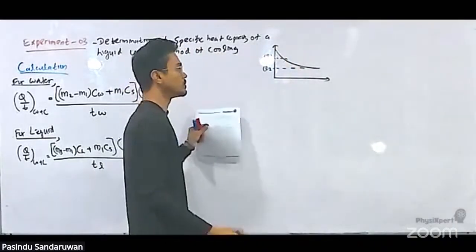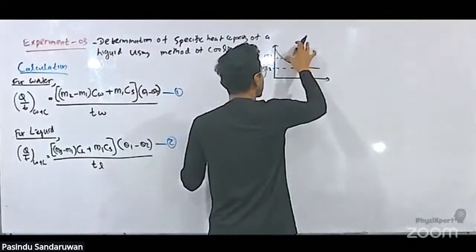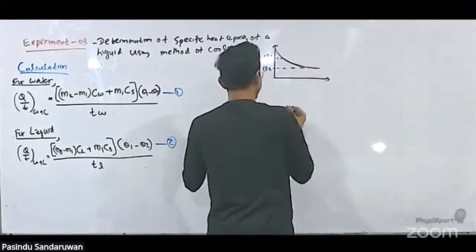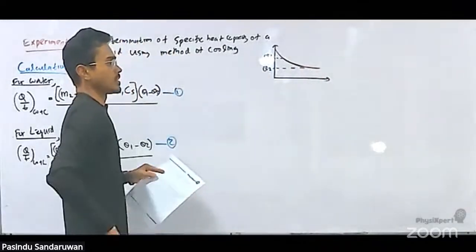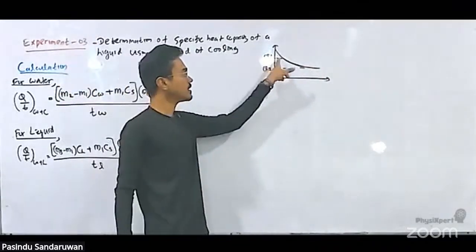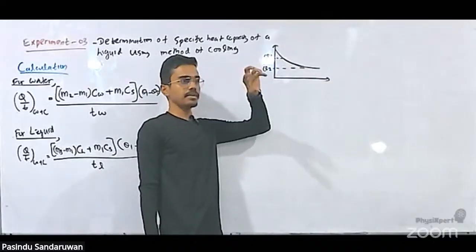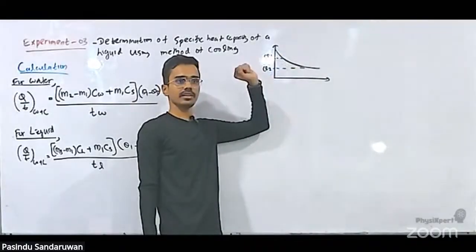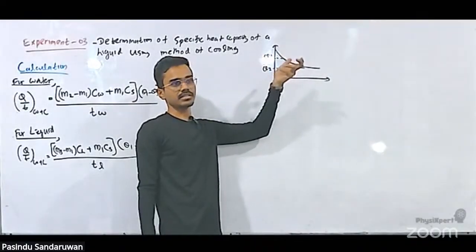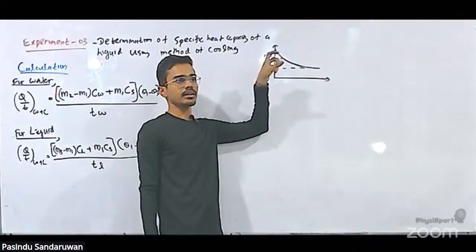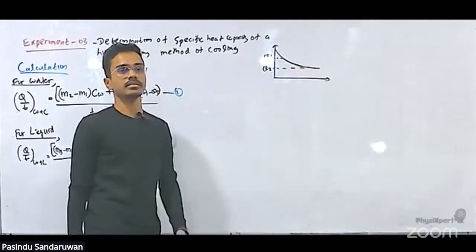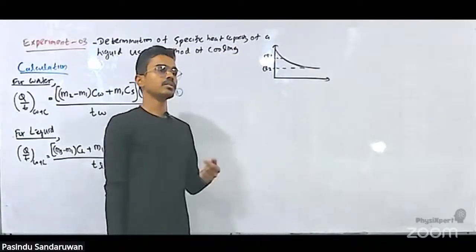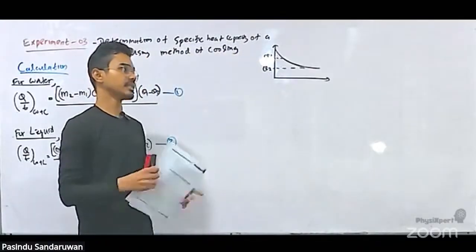In that range, there can be an amount of heat loss to the environment. We can't eliminate that. A small amount is lost, right? To eliminate this and to get a more accurate reading, we can do the calculation like this.